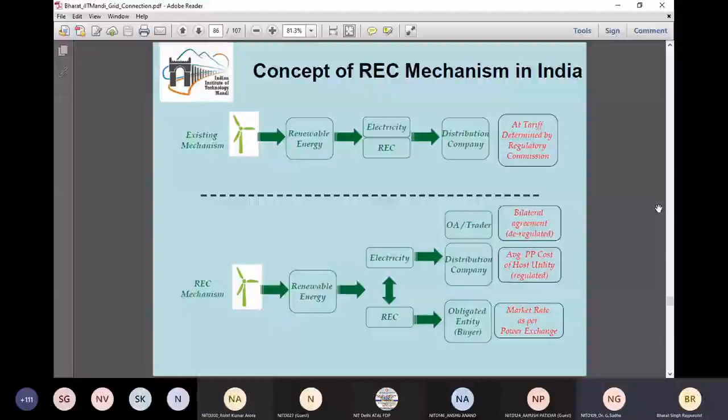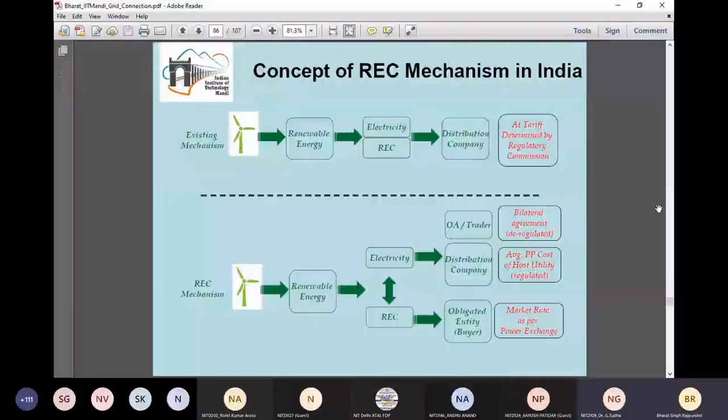Yes, you are right in a sense. Renewable energy now has two components. One is the electricity, which is being traded either bilaterally or at the average power purchase cost. Let me give an example. Let's say the preferential tariff is rupees 4.5 for 1 unit of energy produced by wind.